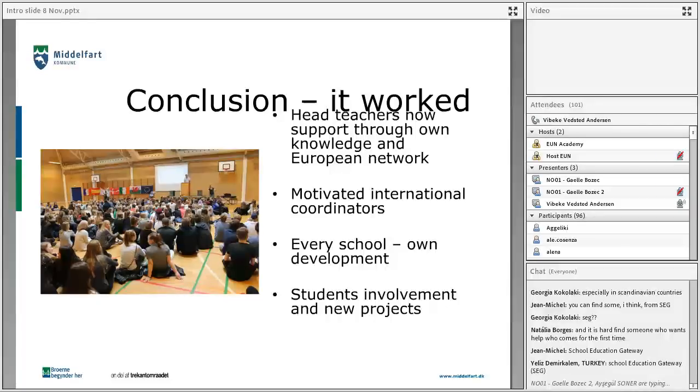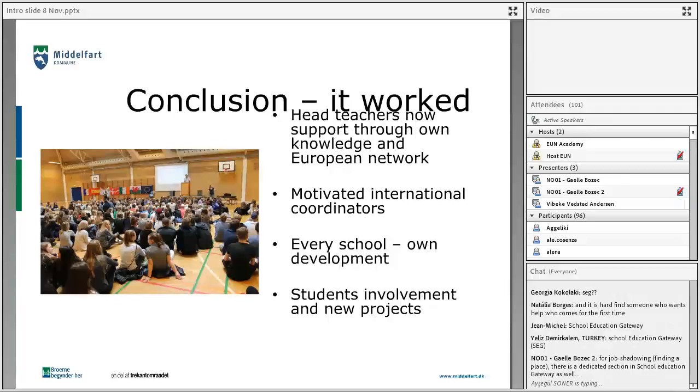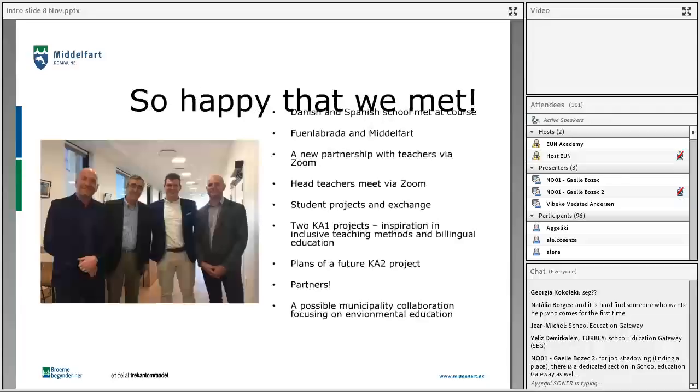They have their own development now, not the municipality's development, and that is very nice. And the students' involvement is fantastic to see, that now we actually have students who are working internationally and involved in new projects. And that is all because of our KA1 project.